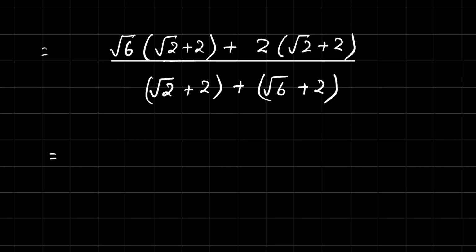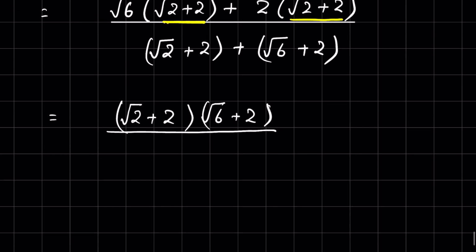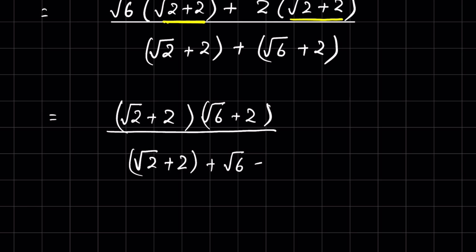Now here this term is common, so we can take it together. The common factor, square root of 2 plus 2, then square root of 6 plus 2, the two factors in the numerator, upon square root of 2 plus 2 plus square root of 6 plus 2.